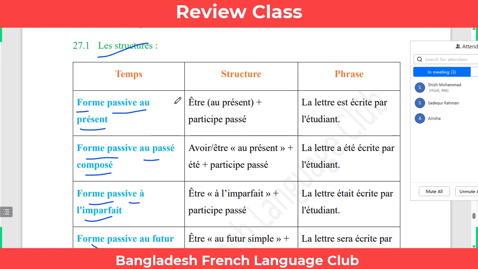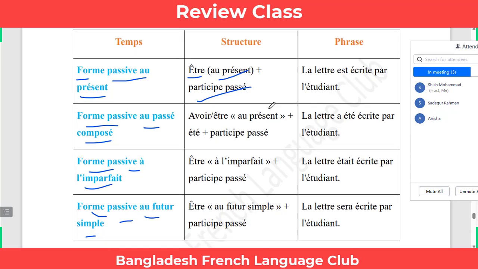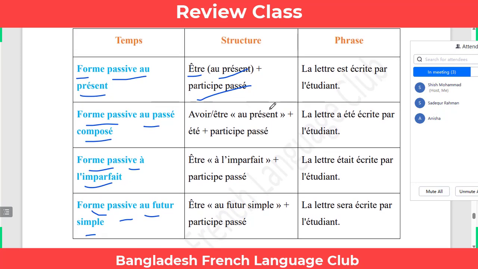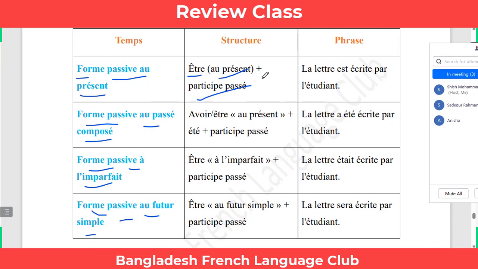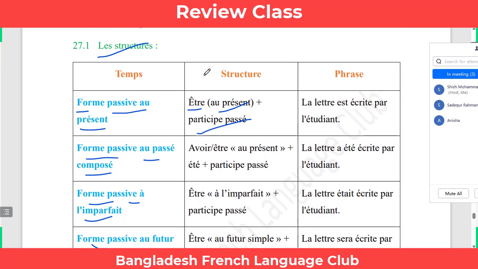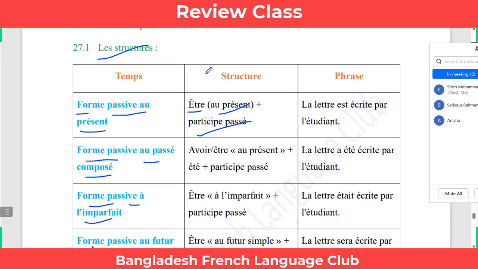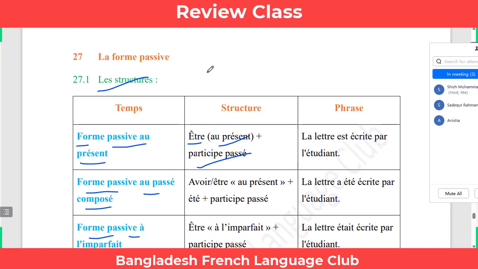So how can we do this? The structure is être au présent plus participe passé. Okay, so for passive you will always have the être verb conjugation. And also, one more thing: you all know that for making the passive sentence we always need the participe passé of the principal verb.